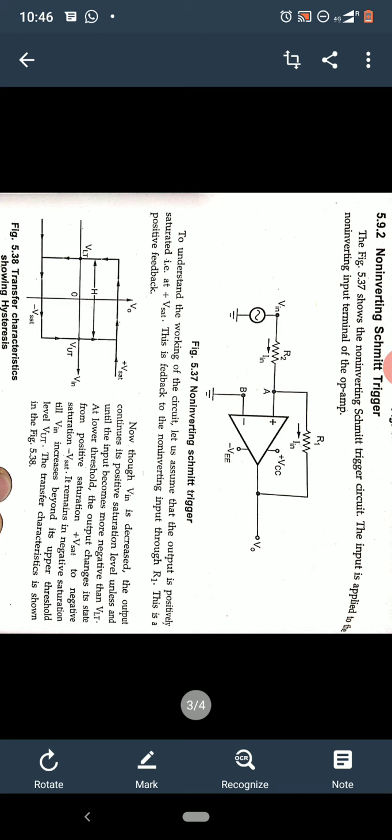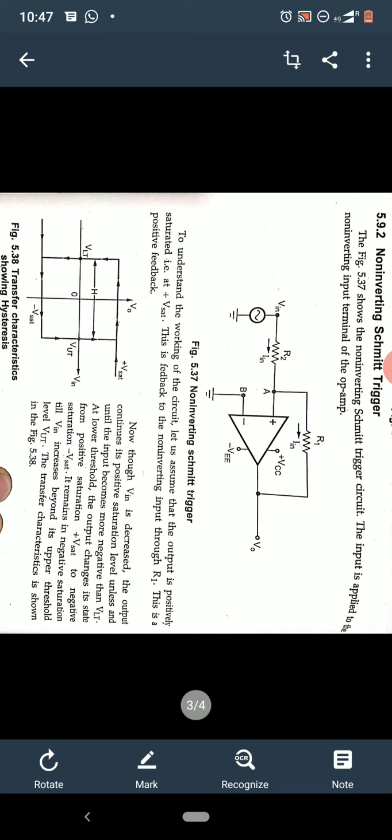So here, say for example, look at the transfer characteristic or hysteresis curve, the second diagram in this sheet.